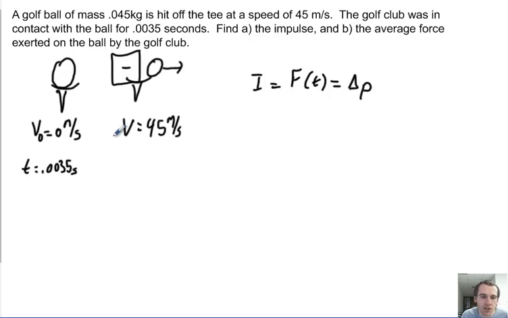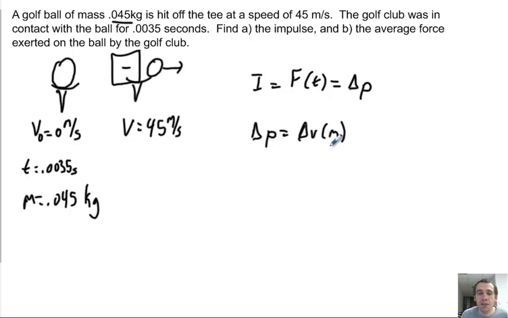So I do know a change in velocity, and I do know a mass. The mass of this thing is 0.045 kilograms. So I'm going to say delta P, change in momentum, is equal to, in this case, change in velocity times mass. I say in this case because the mass remained constant. Sometimes you can do problems with rockets and the mass changes. So change in velocity, final minus initial, 45 minus 0, times its mass, 0.045.